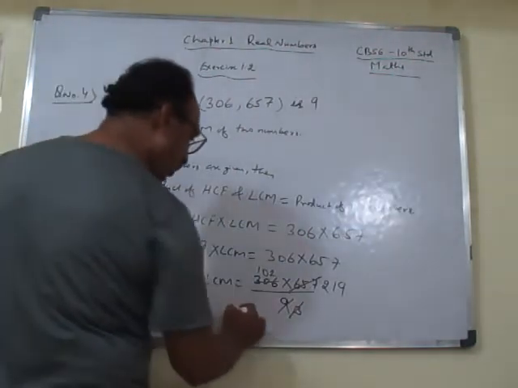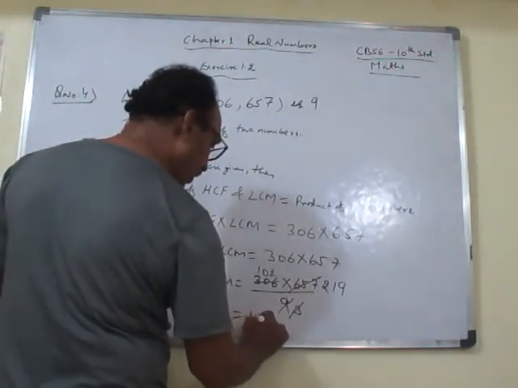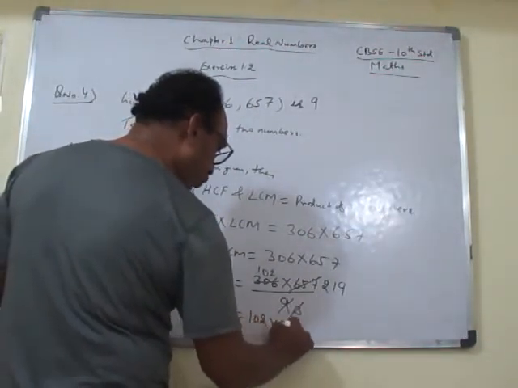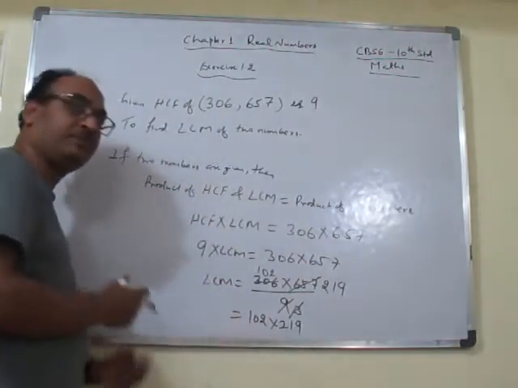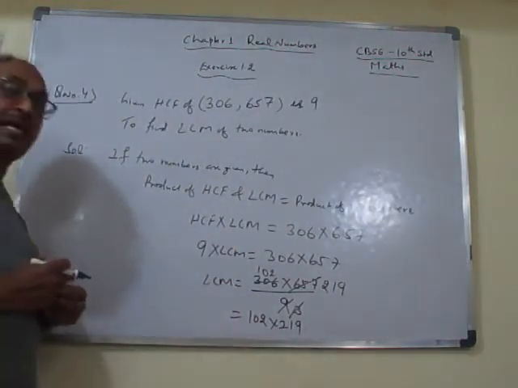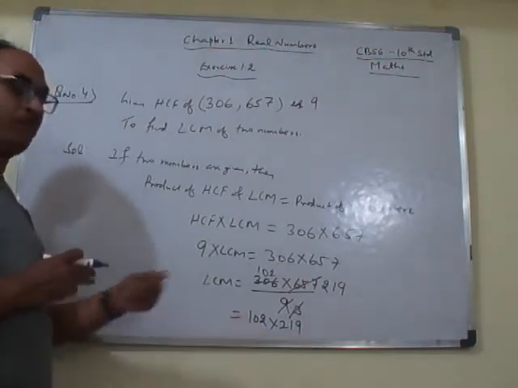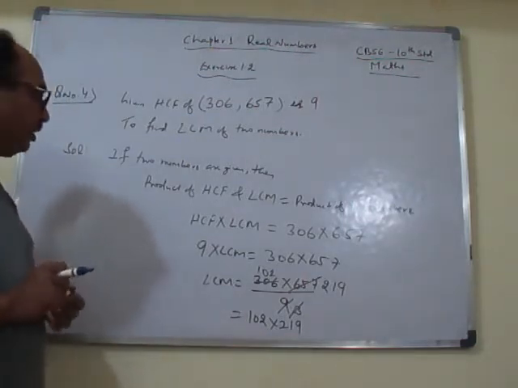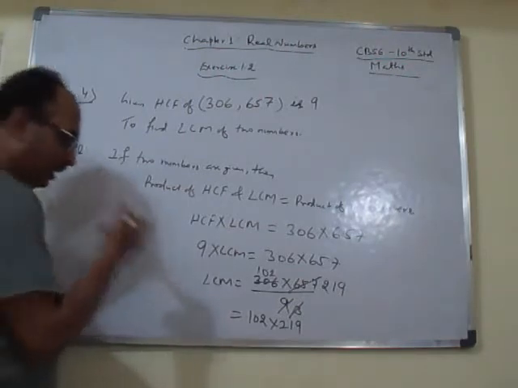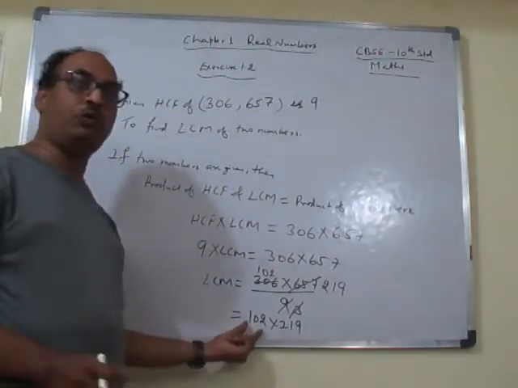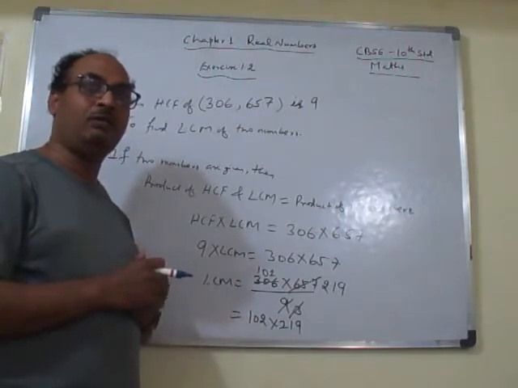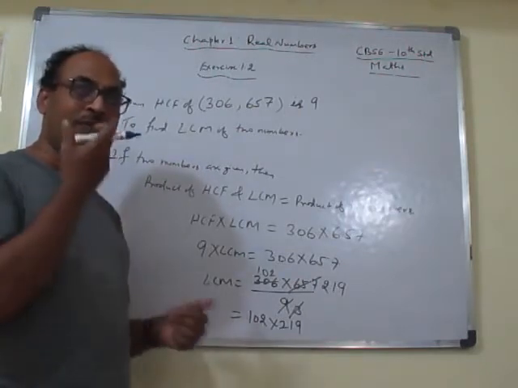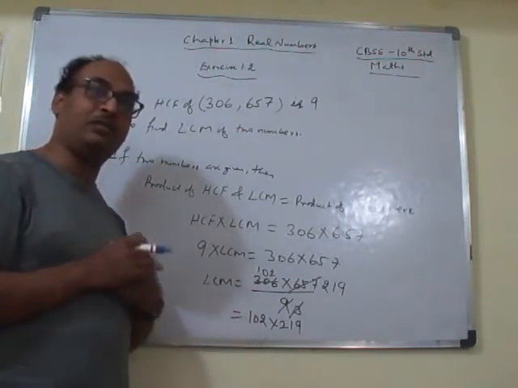So this LCM will be 102 into 219. Again I told you that when you are going for multiplication, use some shortcut techniques. The shortcut technique means, like here 102 can very well be written as 100 plus 2.